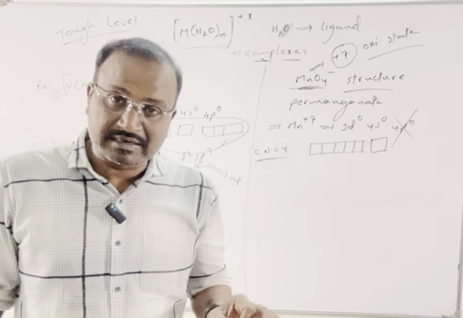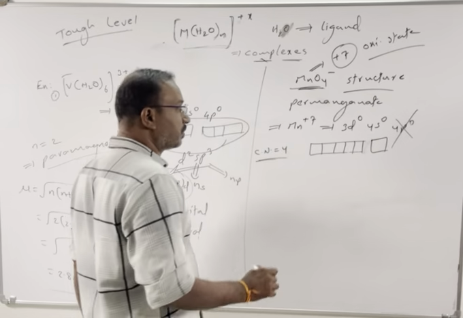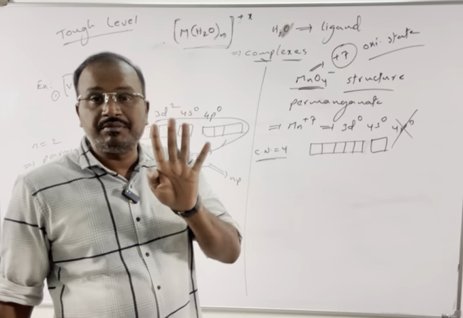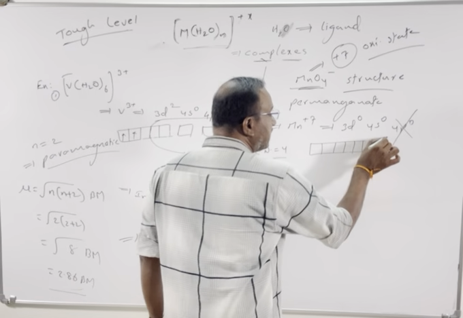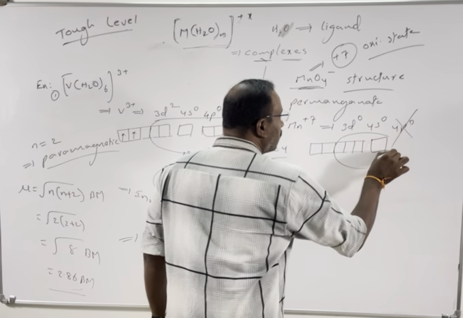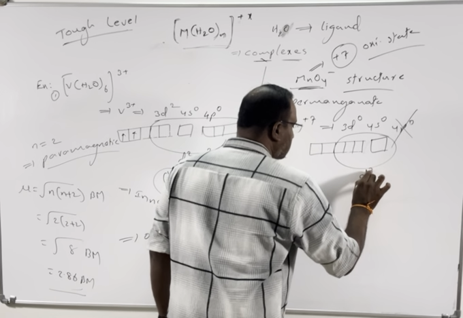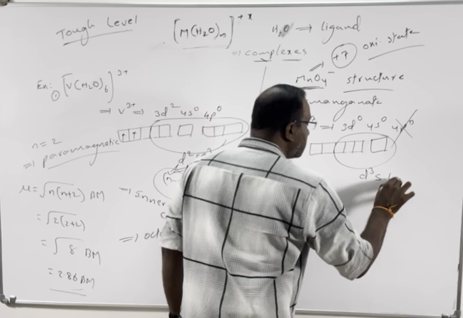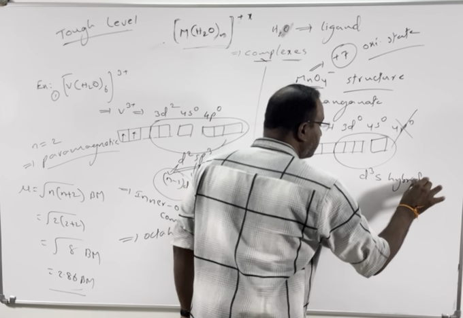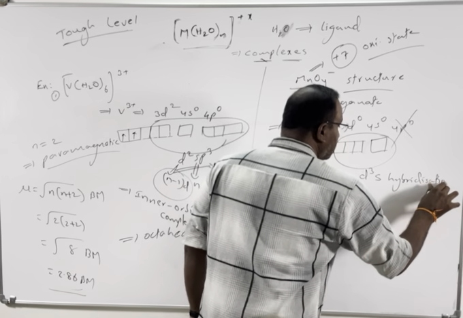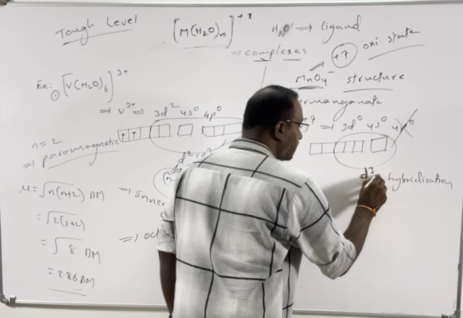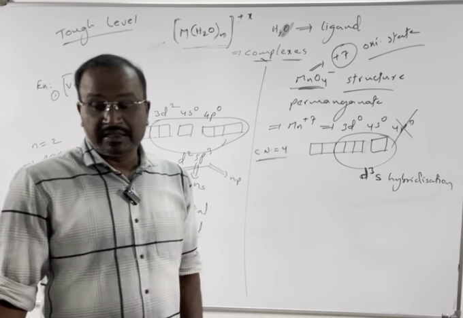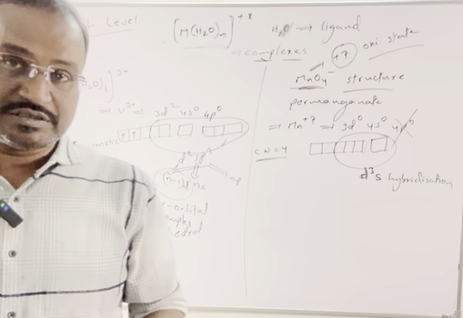Coordination number 4 means we require 4 empty orbitals. For those 4 empty orbitals, three 3d orbitals and one s orbital undergo d3s hybridization. Please be careful. Here the hybridization is d3s, not sp3. d3s hybridization.